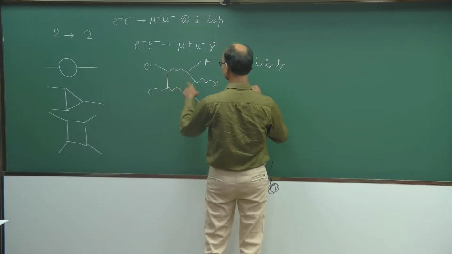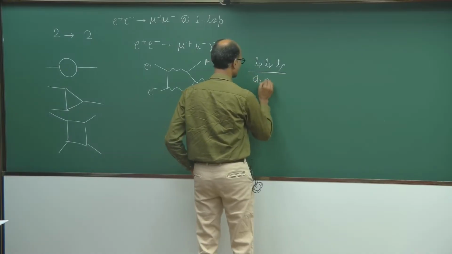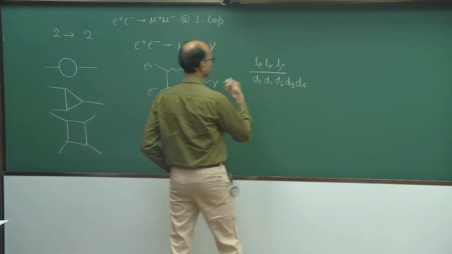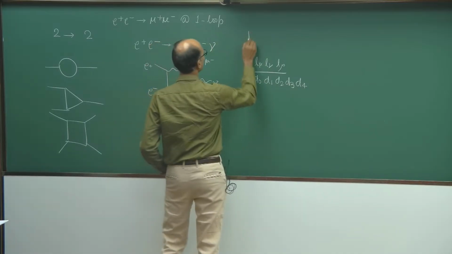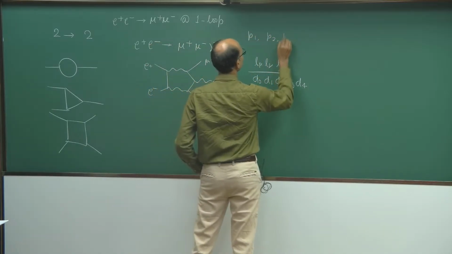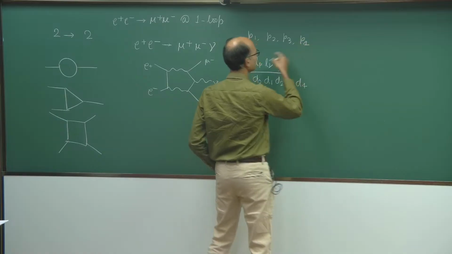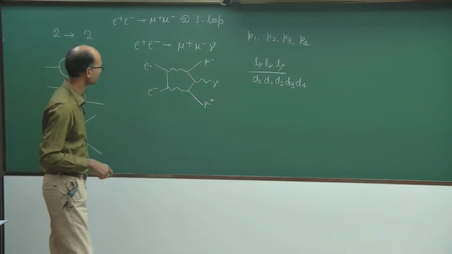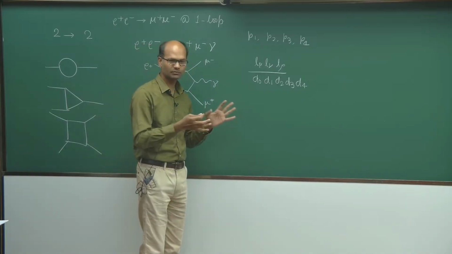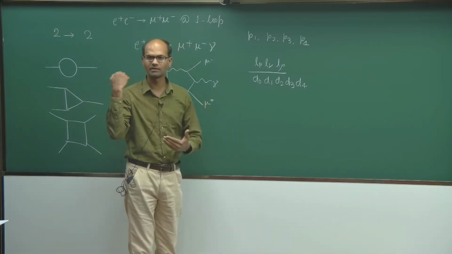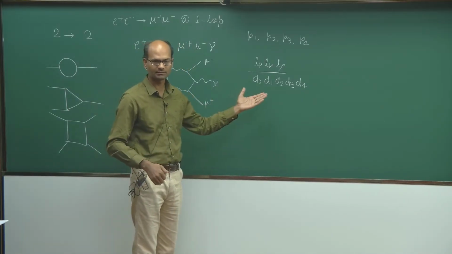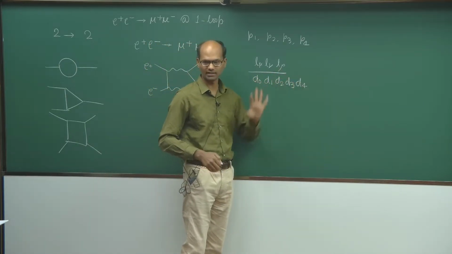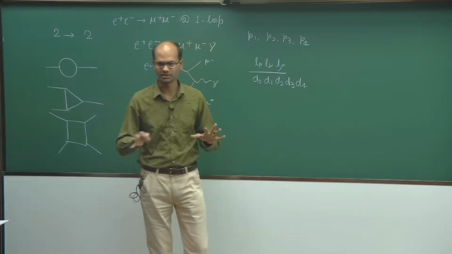In this case, you will come across D0, D1, D2, D3 and D4 propagators, because I have P1, P2, P3 and P4 as the independent momenta, and P5 is fixed by momentum conservation. So the way we did it there, we should be able to do exactly the same thing here and reach a stage where I am left with only scalar integrals, and that happens to be true, yes indeed.